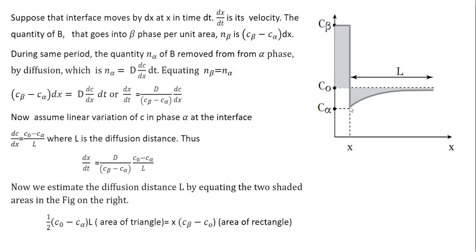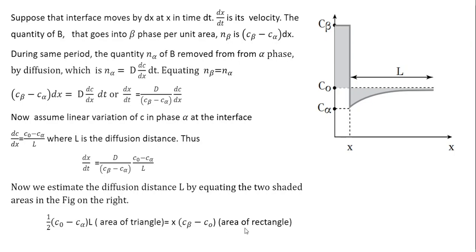That must equal the area of this triangle, having a height equal to the diffusion distance L and a base equal to C0 minus C alpha. So the area of the triangle is half into base C0 minus C alpha multiplied by the height.